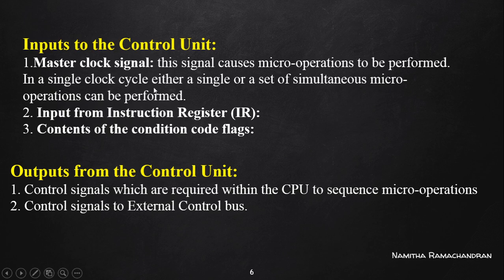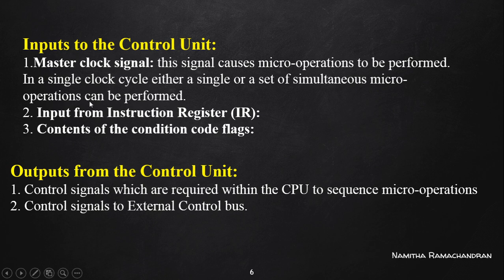In a single clock cycle, the system can execute a single micro instruction or a sequence of parallel micro instructions. So, with the help of external master clock signal, the control unit can identify the start and end of various clock cycles.